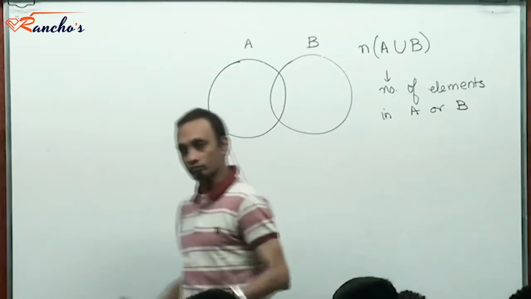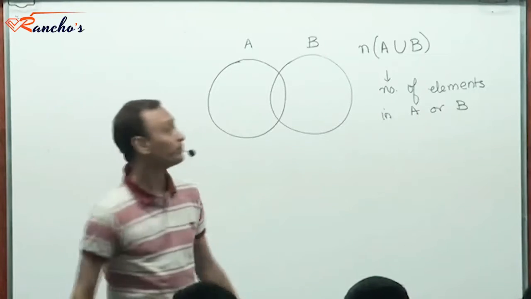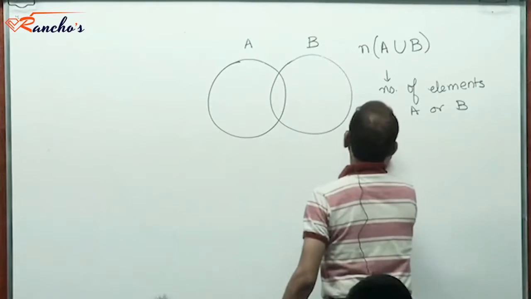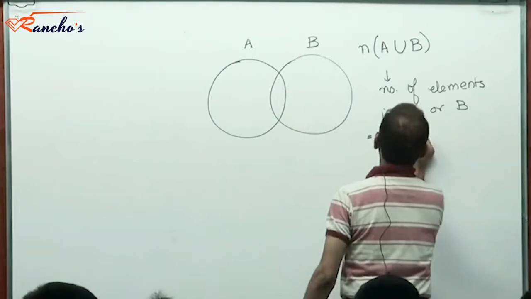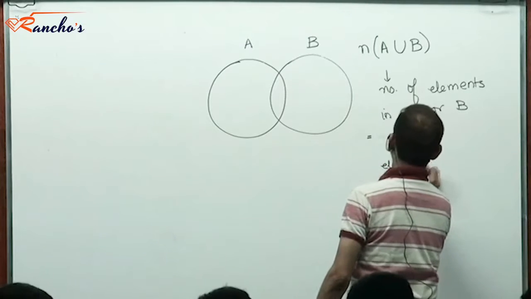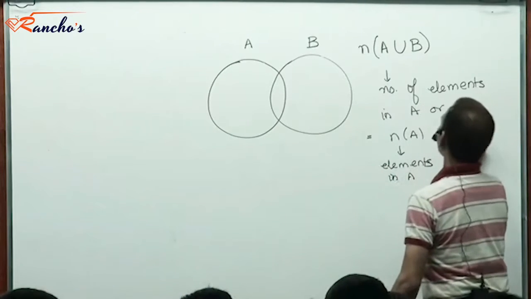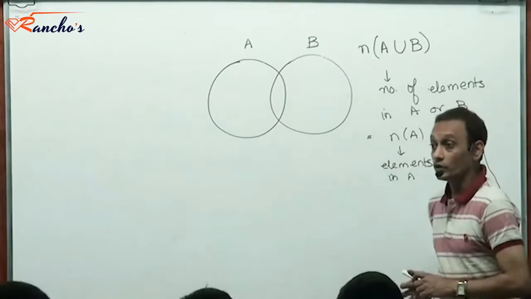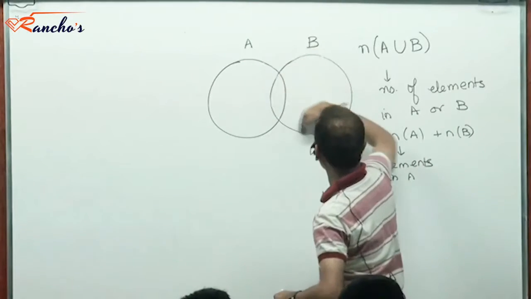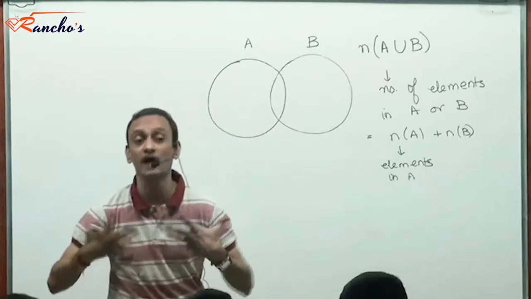A or B, right? That means all elements that they together house. What you do is, you say, all right, I'll add all the elements in A to all elements in B. Now, while you do this, you have done an excessive counting.